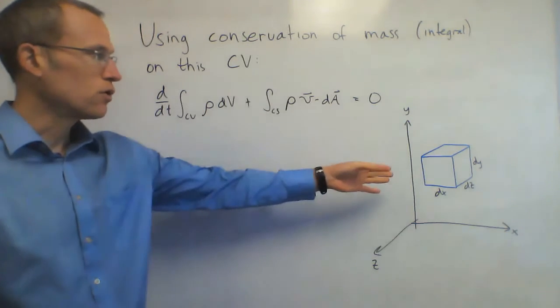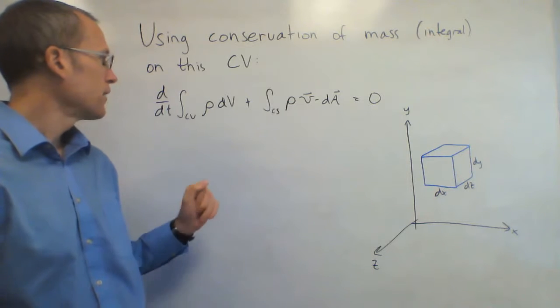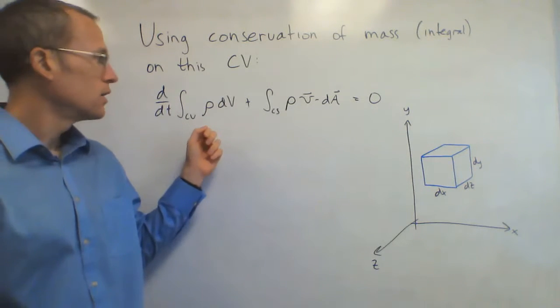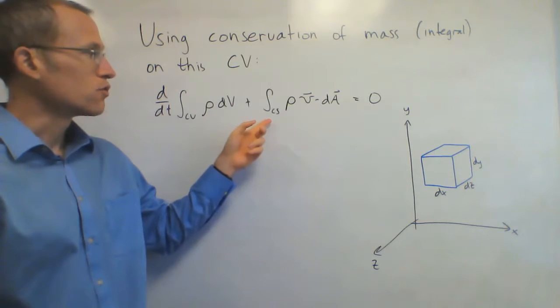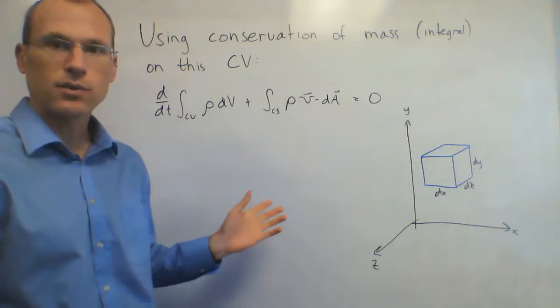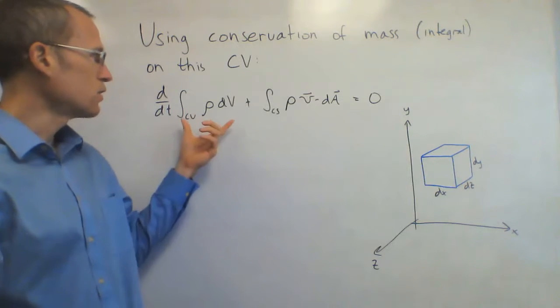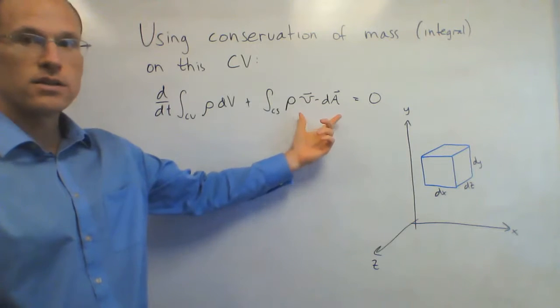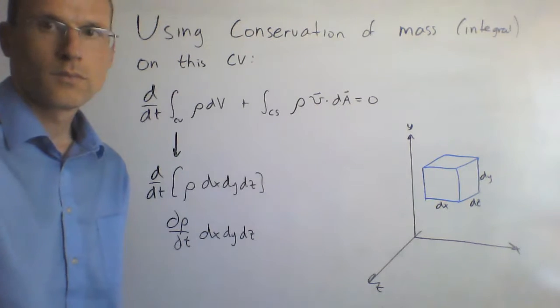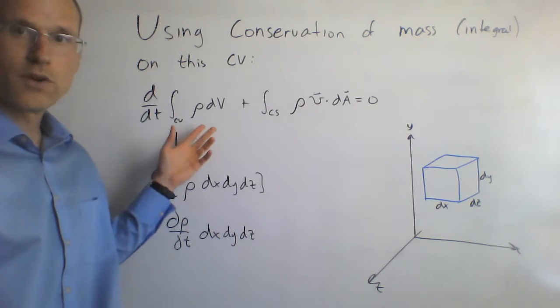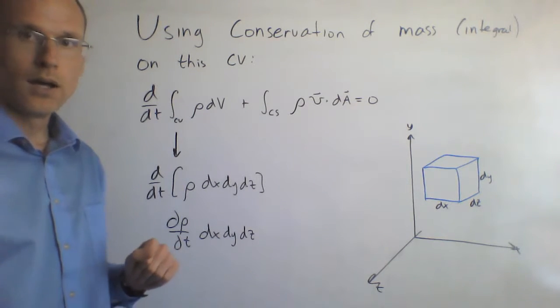On my control volume, this blue box, I have d/dt integral over my control volume, rho dV, plus integral over the control surface of rho v dotted with dA. Now what I need to do is evaluate all these terms. So I want to figure out what this is in terms of my box, figure out what that is in terms of my box. Starting with the easy term, the d/dt over my control volume of rho dV.